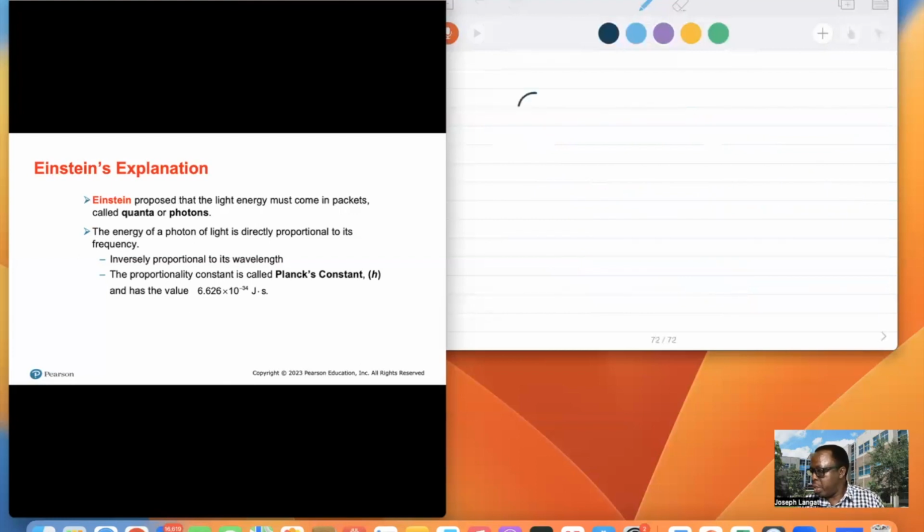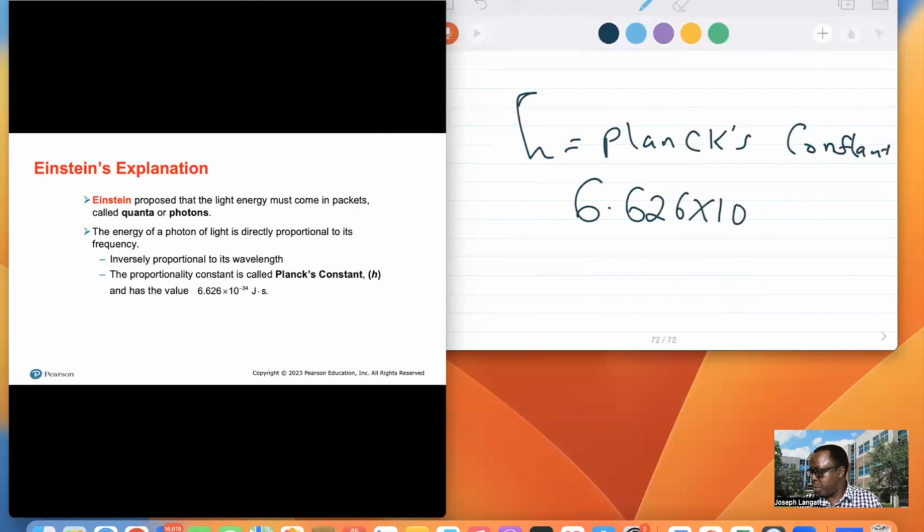Planck's constant H. Here, this is called Planck's constant. You may need this in module 8. I'll give you in the exam 6.626 times 10 raised to negative 34 joules times seconds.